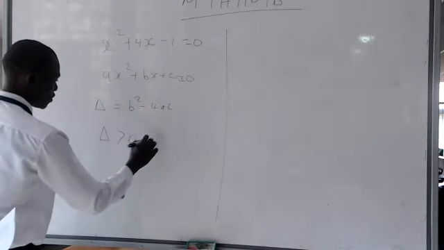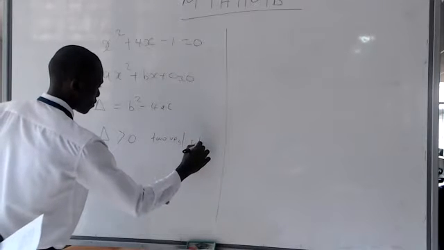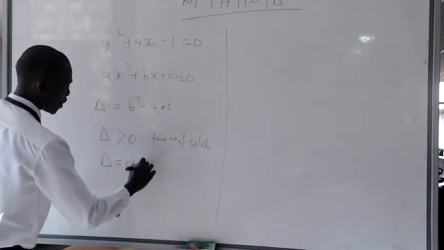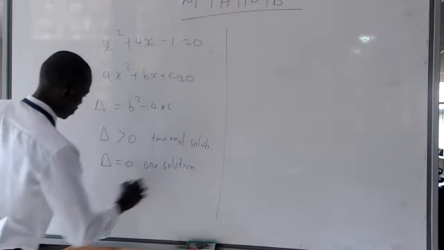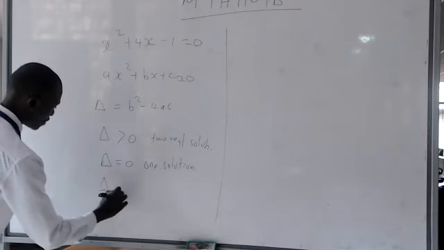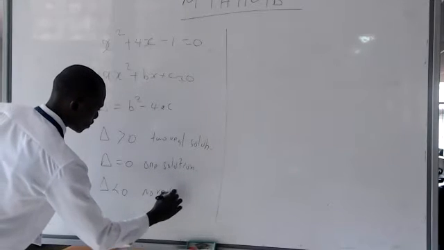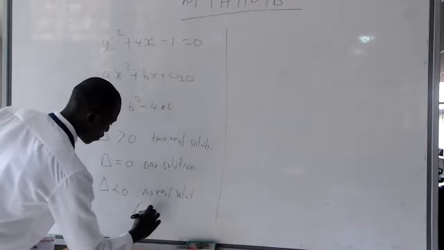If it is positive, you expect 2 real solutions. If it is 0, you expect 1 solution, of course, it will be repeated. And if it is negative, there will be no real solution, or you will have complex roots.